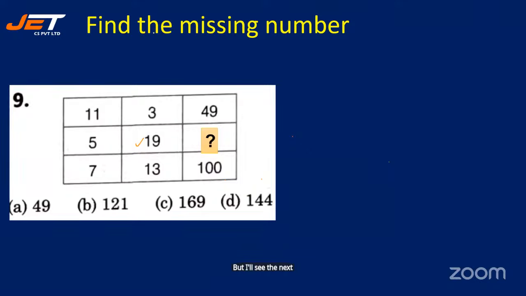We have 11, 349, 519, dash, 7, 1300. Quickly try the relations and get the answer.